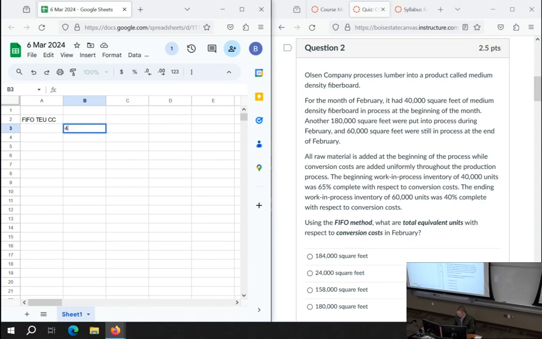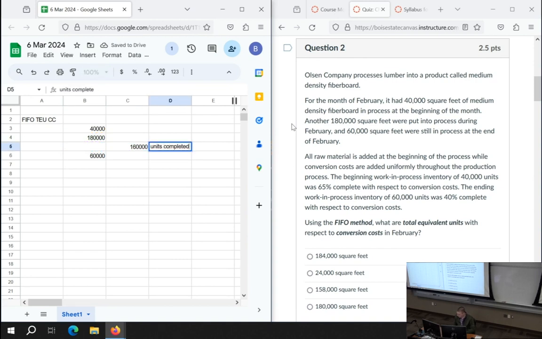All right, so the firm has 40,000 beginning WIP units, it says. Yeah, for the month it had 40,000 at the beginning of the month, and then adds 180,000 in the middle, 60,000 as ending WIP here. Great. So we can get units completed right there.